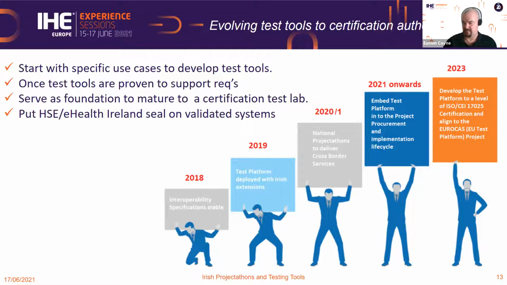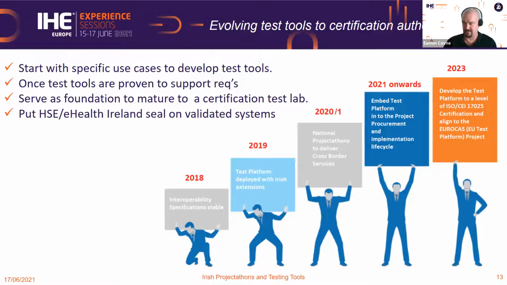So again, the interoperability framework specifications 2018, 2019, the test platform is deployed, 2021, national Projectathons to deliver cross-border services. And then from now onwards, embed the test tools into the procurement and implementation lifecycle. And also national Projectathons become more and more relevant as each of the interoperability use cases come up.